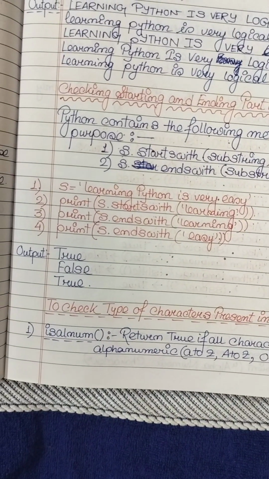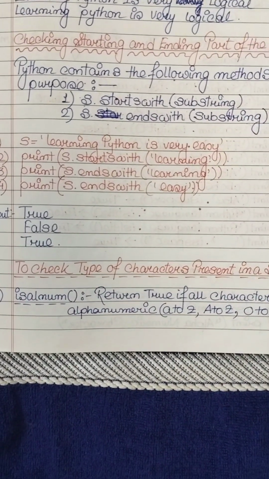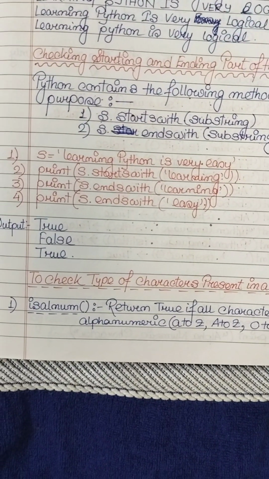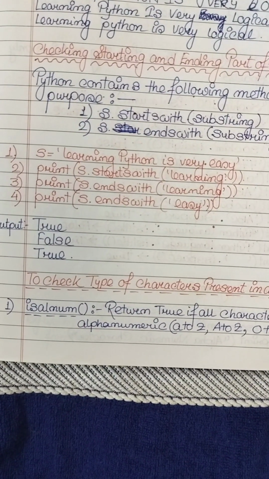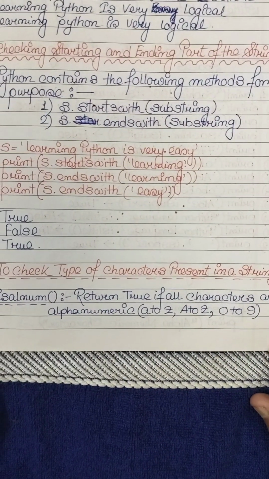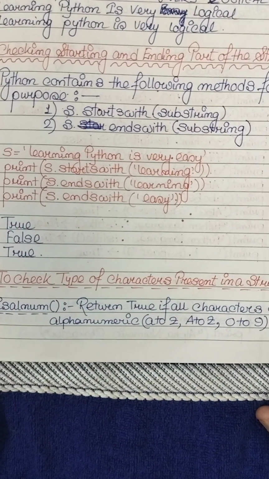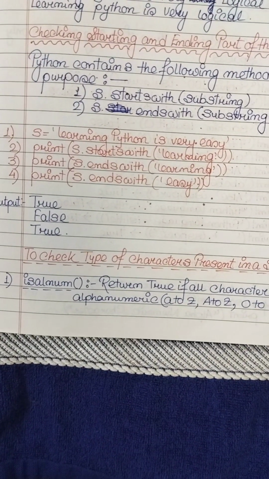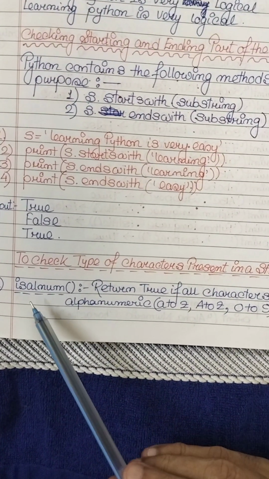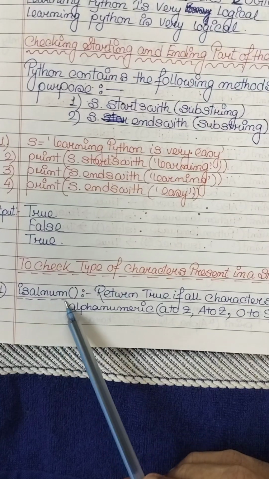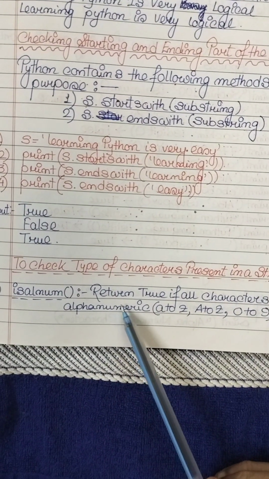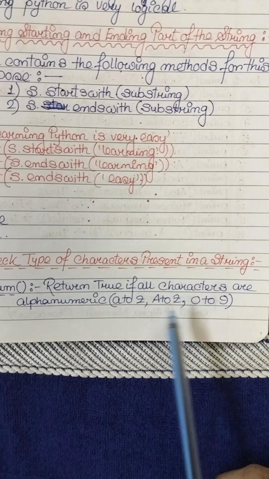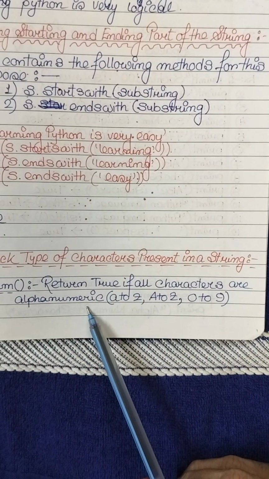Okay friends, let's move to the next example: checking the type of character present in a string, whether it is a number or a character. The first one is isalnum: it returns true if all characters are alphanumeric.